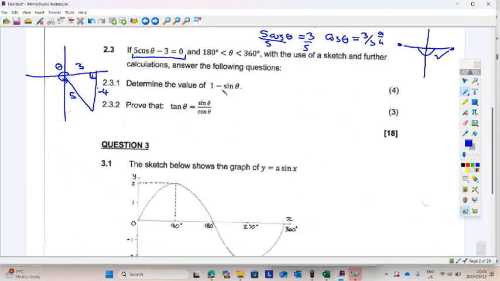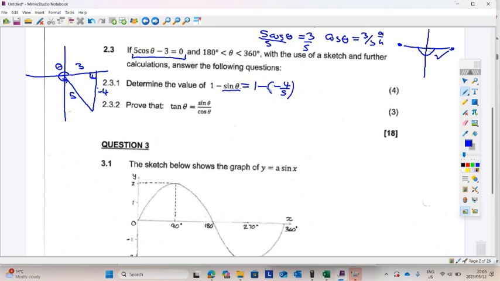Now, determine the value of 1 minus sin theta. This sin theta, we need to get it from the diagram. Your sin is opposite over hypotenuse. So 1 minus sin theta is opposite over hypotenuse, that is -4 over 5.